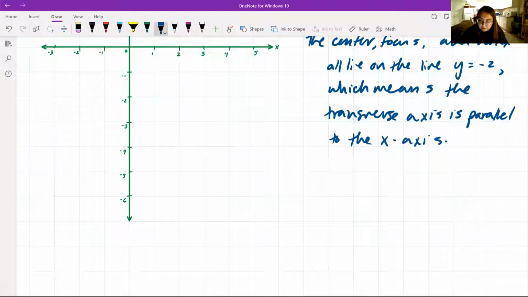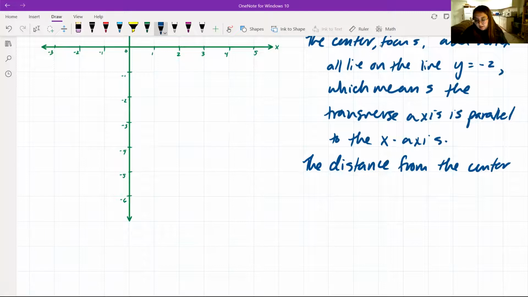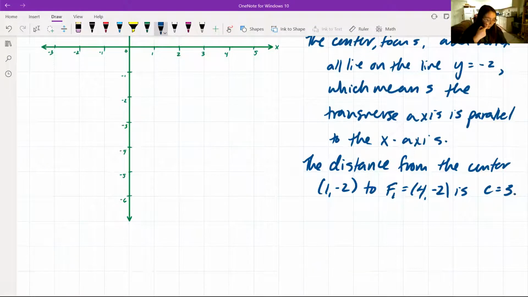Now we want to find a, b, and c. The distance from the center, which we know is at 1 comma negative 2, to F1, which is at 4 comma negative 2, is c equals 3.